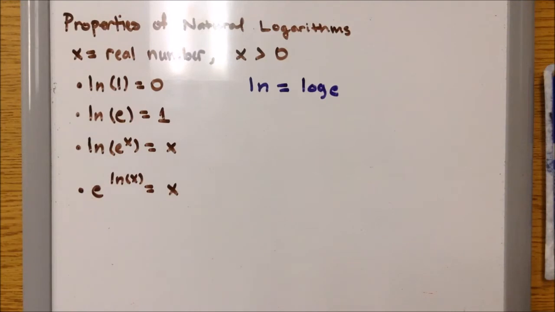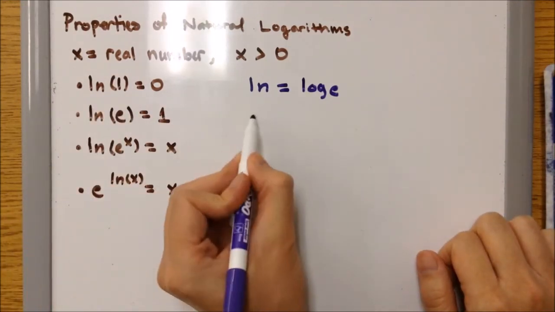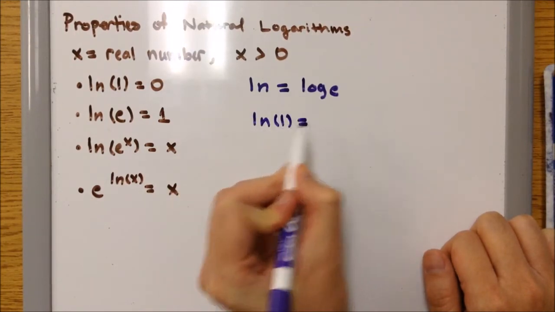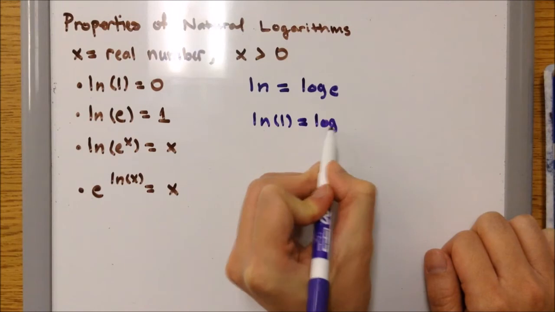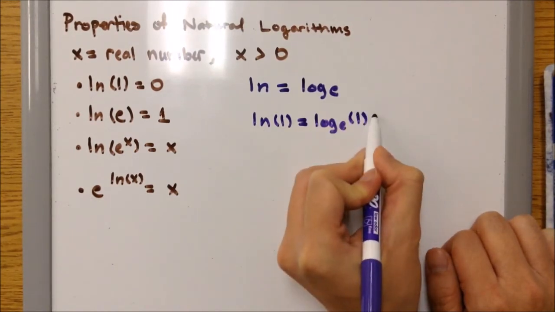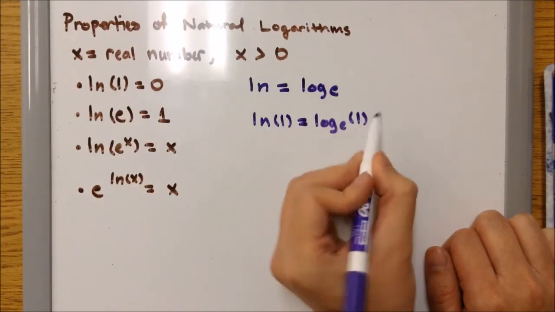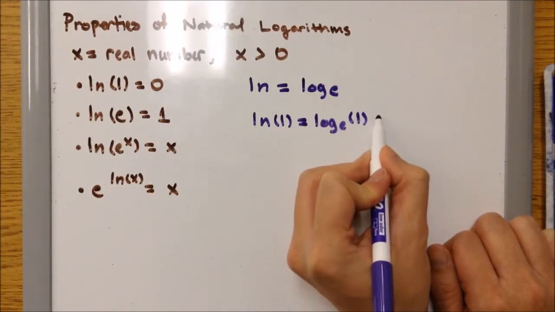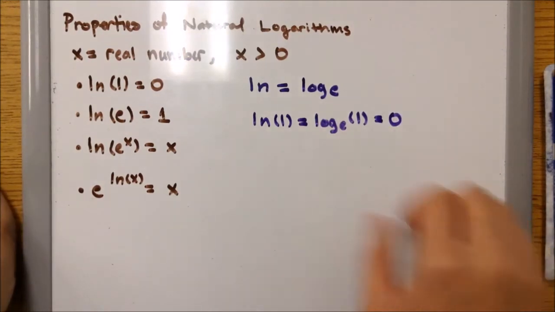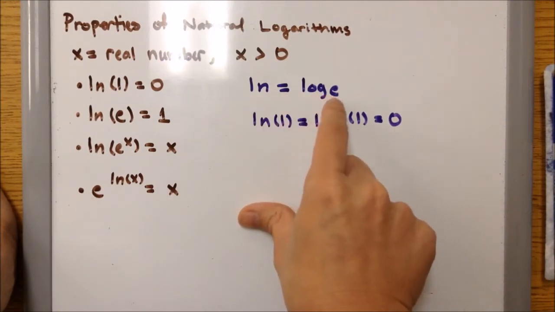So when you have ln of 1, it basically means log base e of 1. So when you have that, if ln of 1 equals 0, therefore log base e of 1 equals 0. So again, ln, the notation is short for log base e.